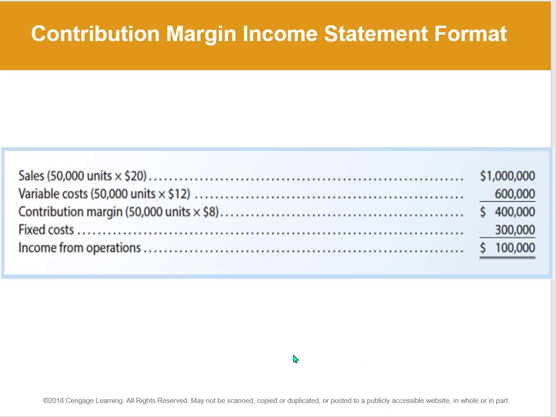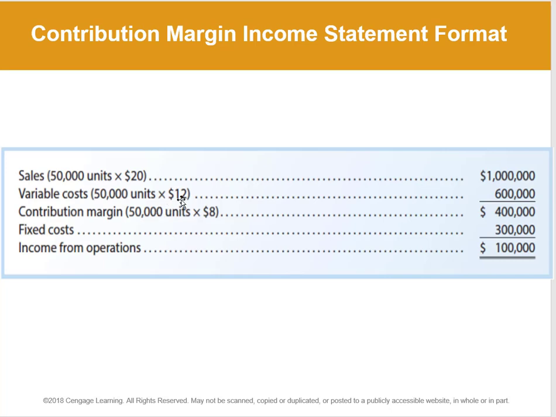Here is a contribution margin income statement format, and what this does is it moves your variable costs up to the top and your fixed costs down below. So costs are organized by cost behavior rather than cost function. We put variable up here, which means a direct relationship to sales, and our fixed costs down in the bottom.